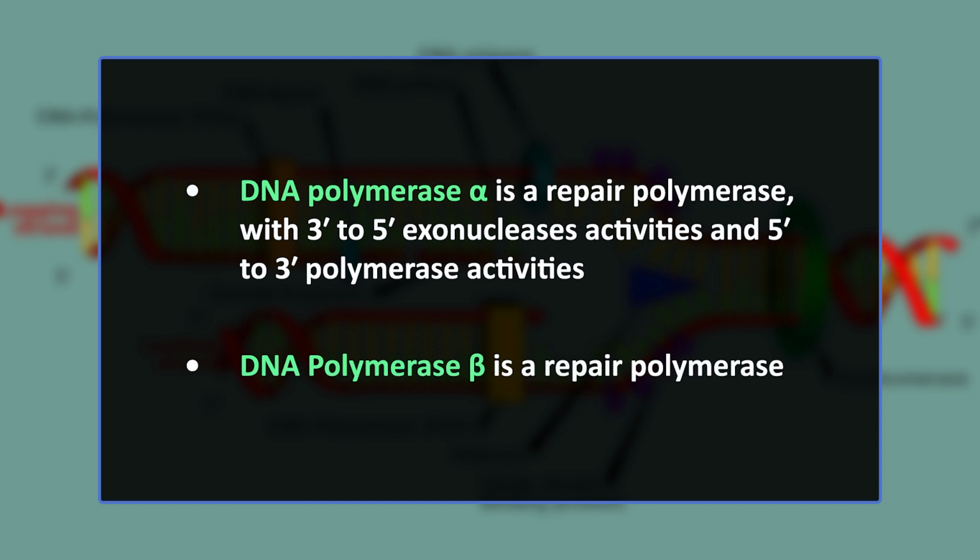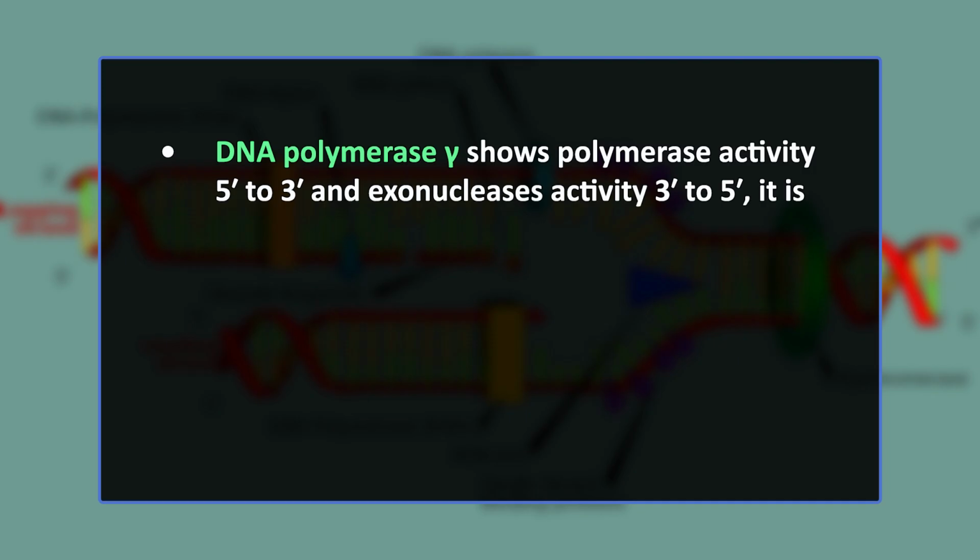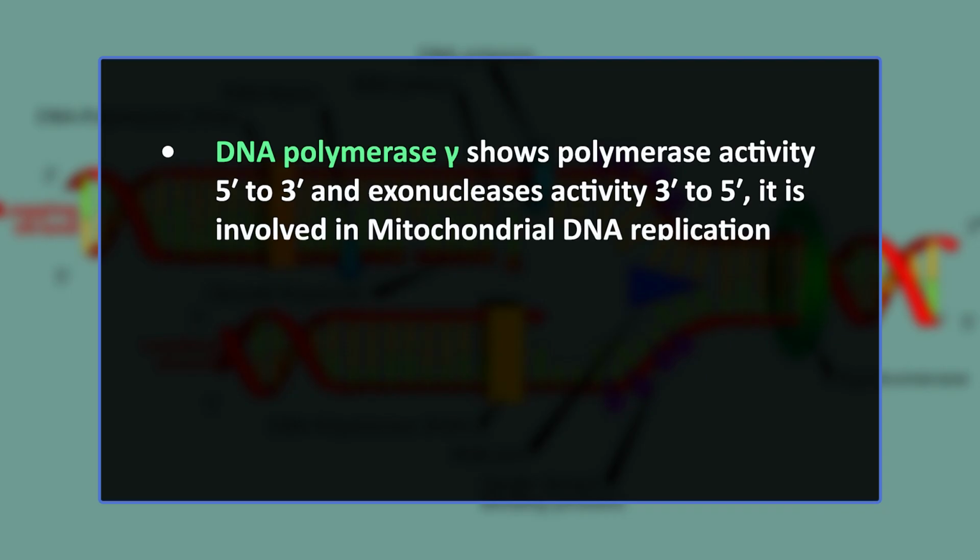On the other hand, DNA polymerase beta is a repair polymerase. DNA polymerase gamma shows polymerase activity from 5' to 3' and exonuclease activity from 3' to 5'. It is involved in mitochondrial DNA replication.